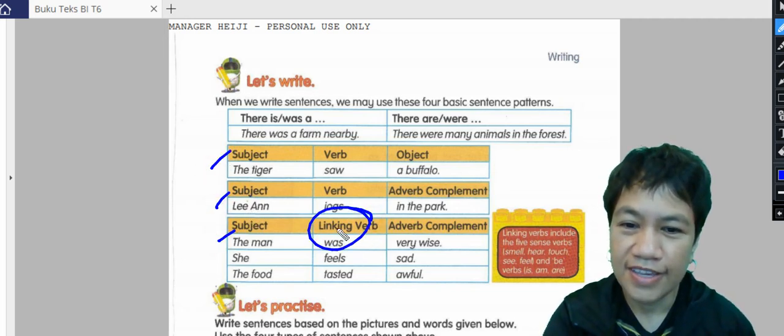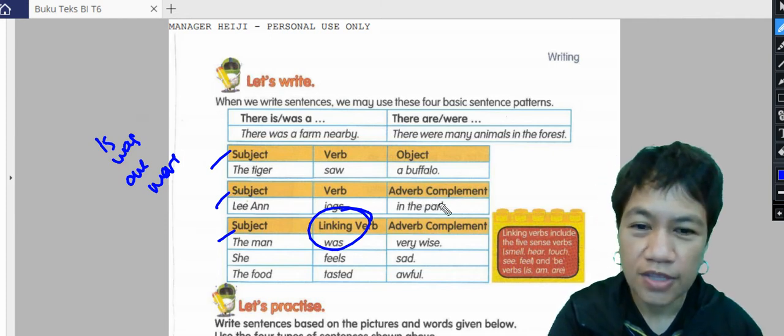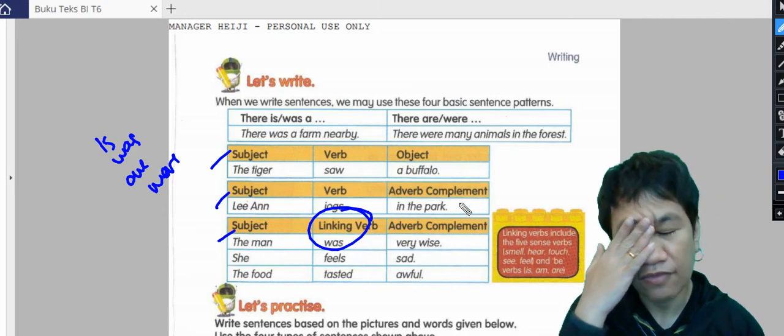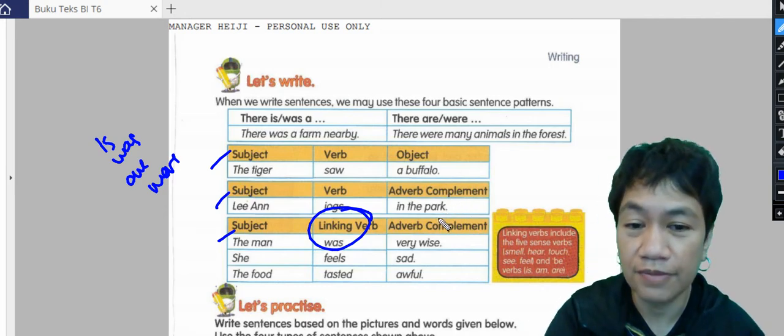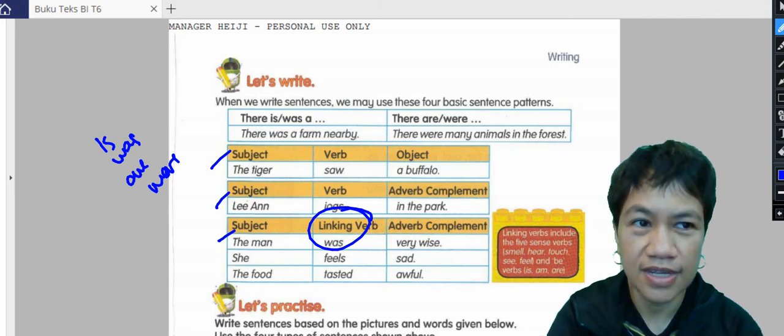Okay, linking verb. You can use is, was, are, and were. Okay, what about the adverb complement? Adverb is to describe the verb. So you can use this to end the sentences. Let's look at the example here.